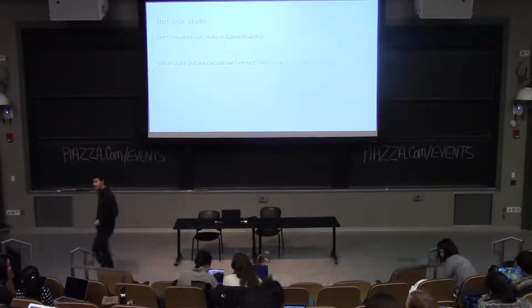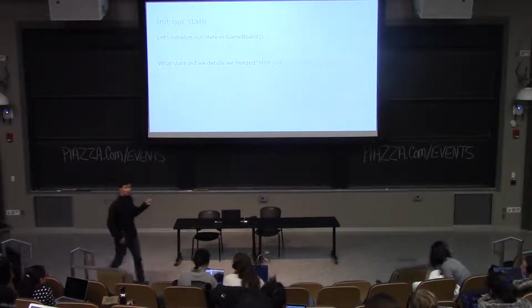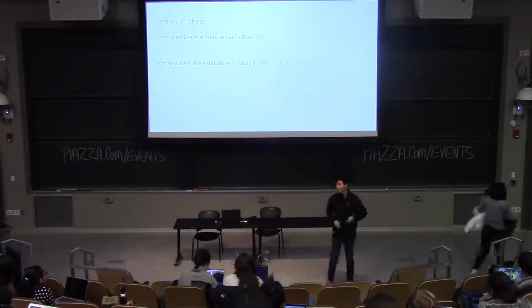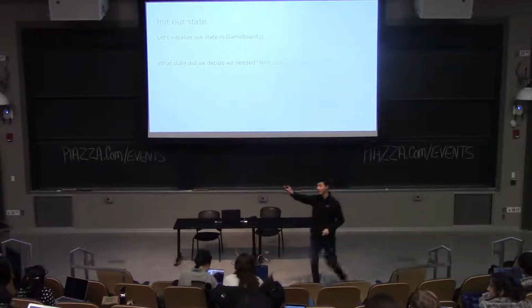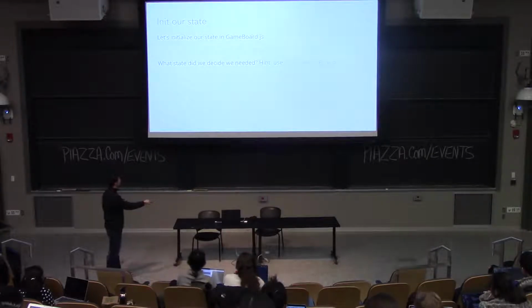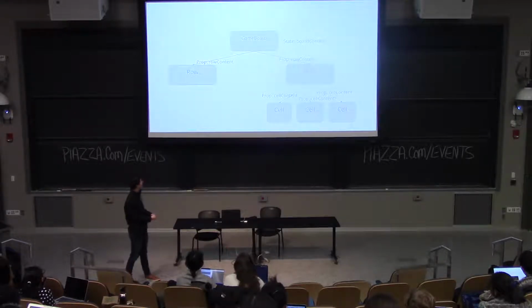Okay, does anyone have a guess as to what we should put in there? What should we put in our state? What should we initialize it to? Yeah, we should initialize it to the empty board, right? So we have this idea of board content.